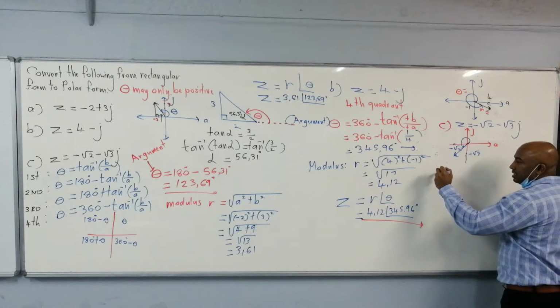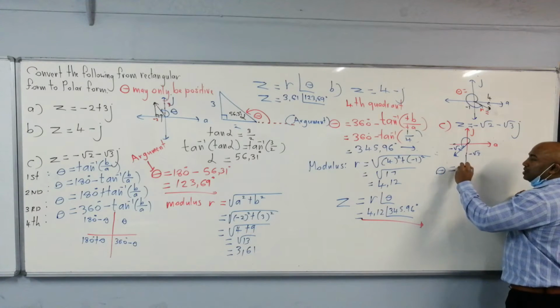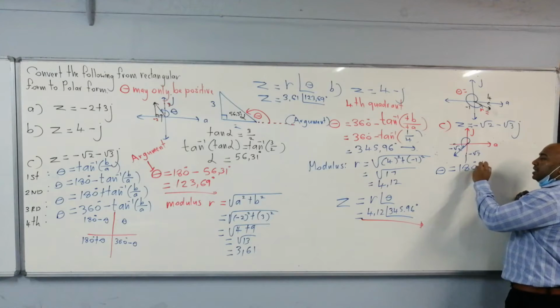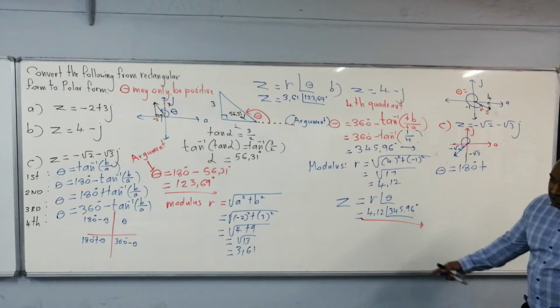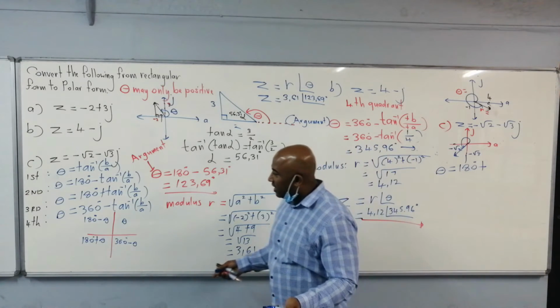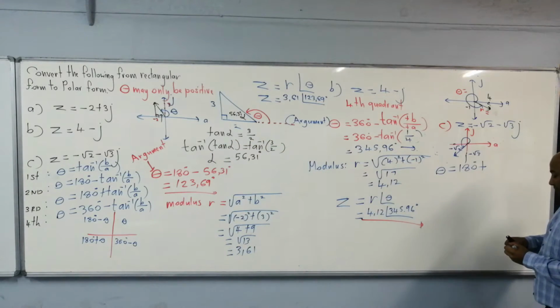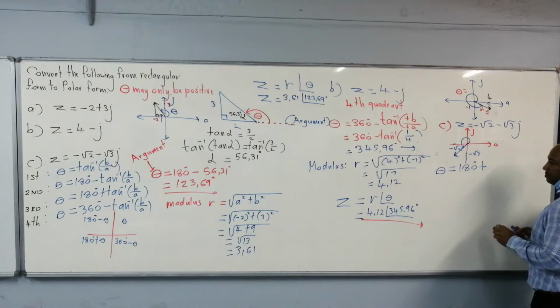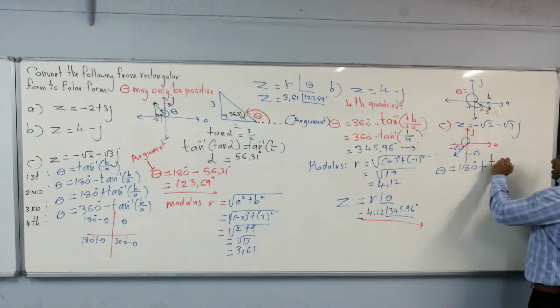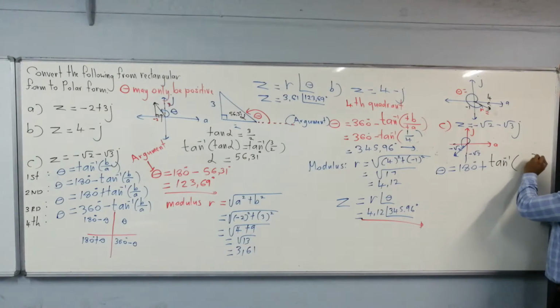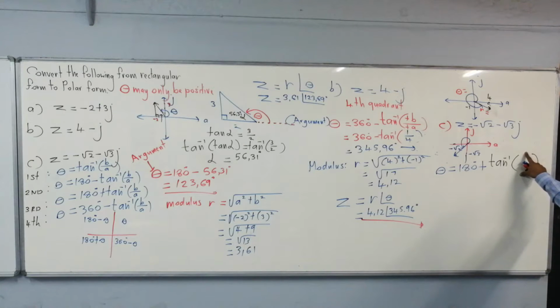So third quadrant, theta is equal to 180 plus. If you ever forget it, it's the CAST diagram. Third quadrant, we use 180 plus inverse tan, and here we do not substitute any negatives.